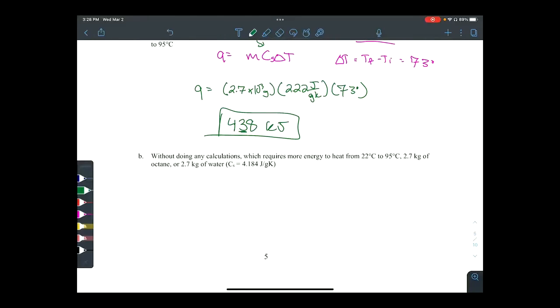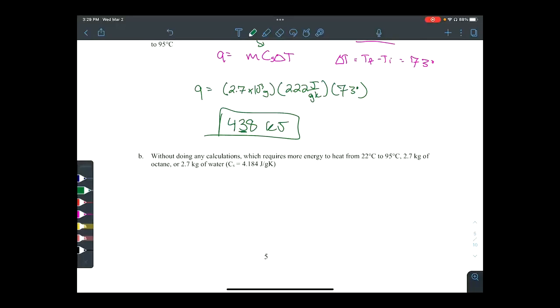So with that number in mind, let's just kind of think about it. In the question, the specific heat is given in joules per gram Kelvin. So why don't you try it? When it's a delta T, it doesn't matter whether it's Kelvin or Celsius.